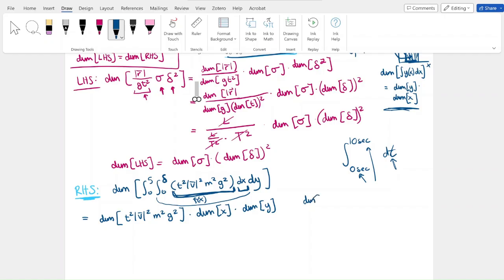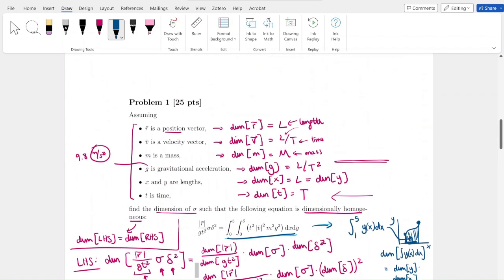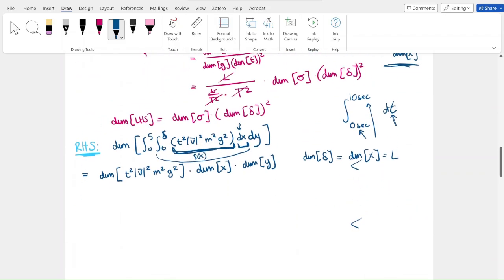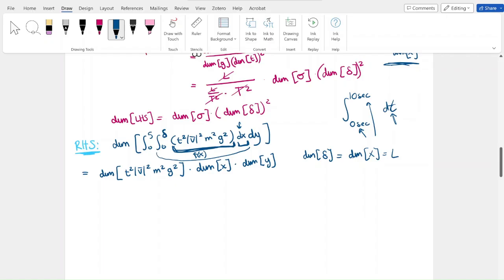So the dimension of delta has to equal the dimension of the variable that you're integrating over. In this case, you're integrating over x for this first integral, so the dimension of delta equals the dimension of x. And we know the dimension of x is length from up here.